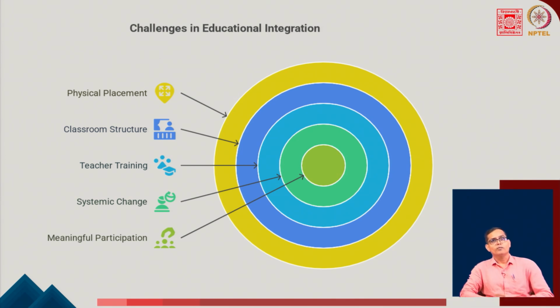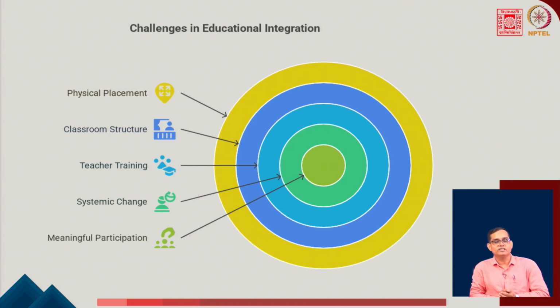So, there are many challenges in educational integration. The first one is physical placement. As we discussed earlier, integration allows children with disabilities to get education in the general education system. So, this is one type of physical placement.